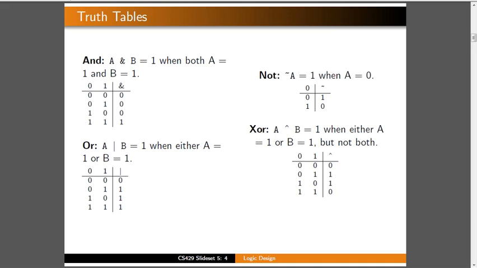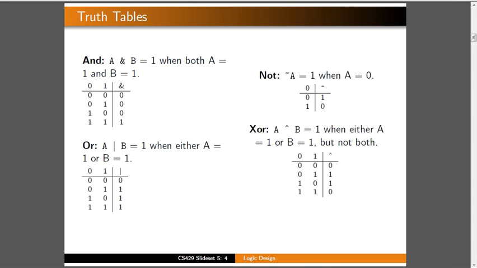Third, 1 0, in the same way, only one input is 1, the other input is 0, so the output is 0. Last one, 1 1. In this, both the inputs are ones, so the output is also 1.